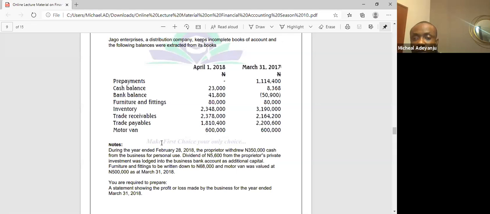Furniture and fitting were to be written down to 68,000 naira, and motor van was valued at 500,000 naira as at March 31st, 2018. You are required to prepare the profit or loss made by the business for the year ended 31st March 2018.